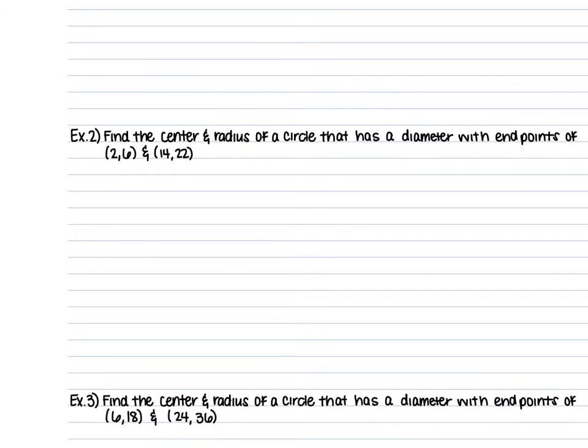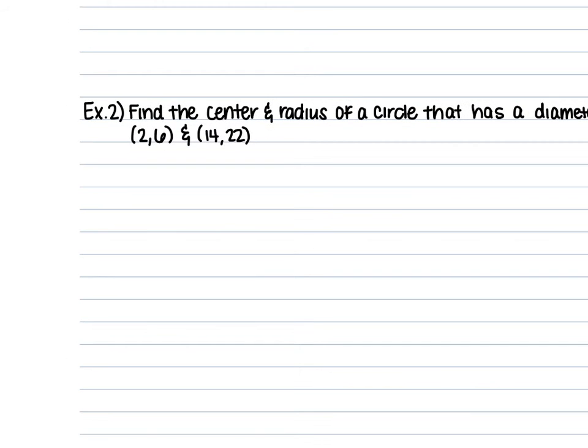For example 2, we're finding the center and the radius of a circle that has a diameter with the endpoints of (2, 6) and (14, 22). So find your midpoint, or find your center first. Use your midpoint formula. So we have x1 plus x2 over 2, so 2 plus 14 over 2, and y1 plus y2 over 2, so 6 plus 22 over 2.